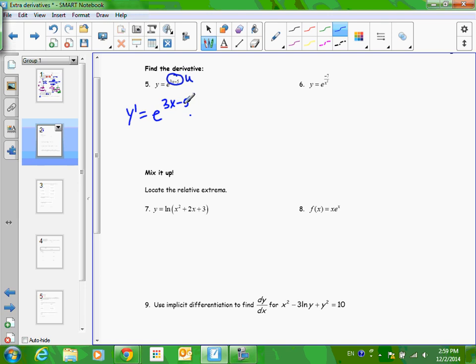So what's the derivative of u? 3. And probably on a multiple choice, they would move that 3 to the front. You do not have to do that. Like when you're just giving me an answer, you don't have to simplify it. But I just want you to be prepared again, like I said, for multiple choice questions. Okay, so I want you to try 6 on your own. It's a little bit harder, but you can do it. It's the same idea as the one we just did.